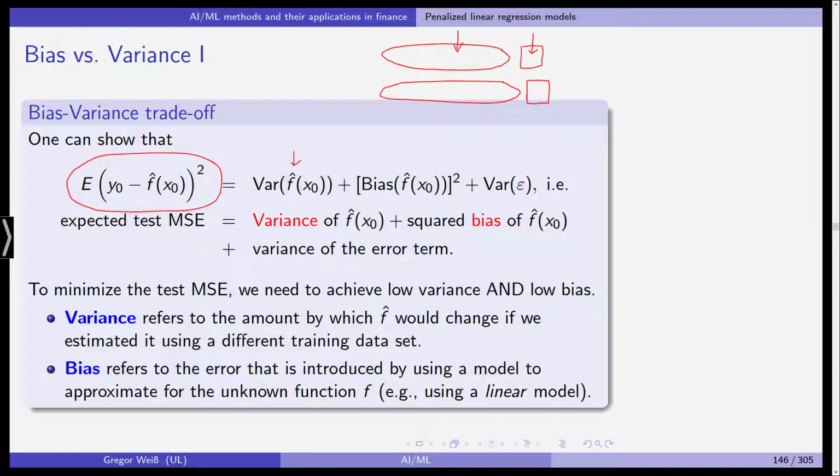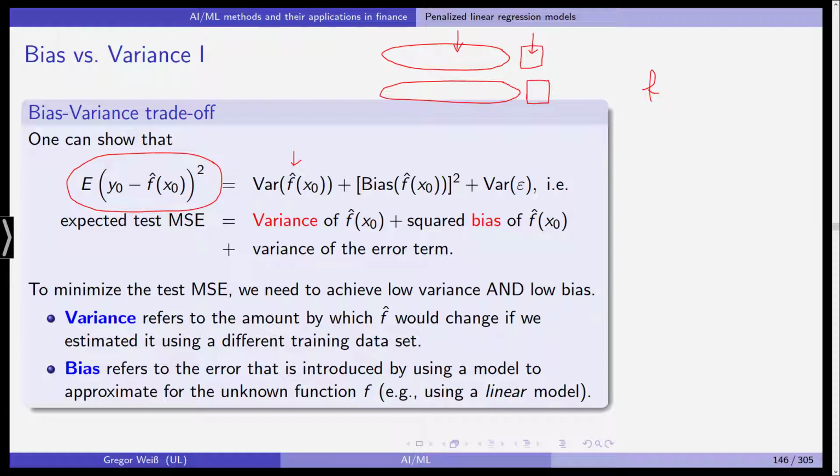The bias, on the other hand, refers to the error that is introduced by using a model to approximate the unknown function f, that is, that we use a linear model. Again, we want to estimate a function f. We don't know per se ex ante if f is linear, if it's polynomial, it can be any nonlinear function as well.